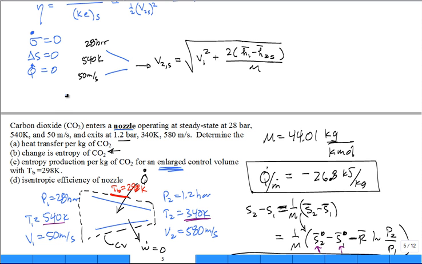I go back to the equation 0 is equal to S2 bar naught minus S1 bar naught minus R bar natural log of P2 over P1.